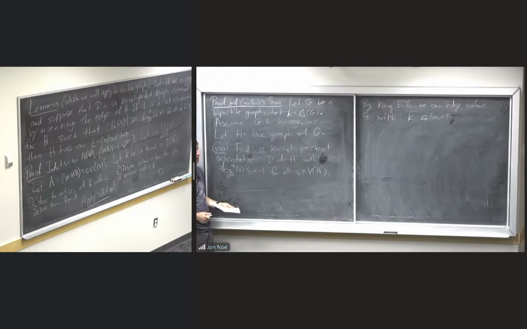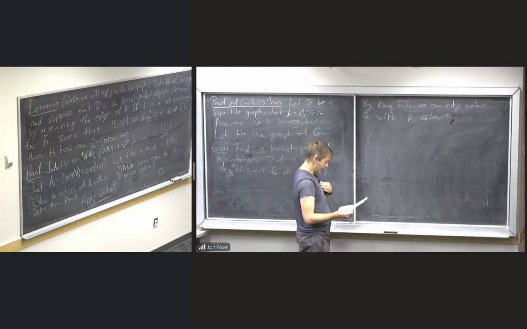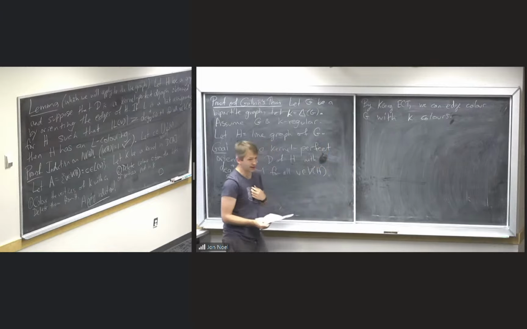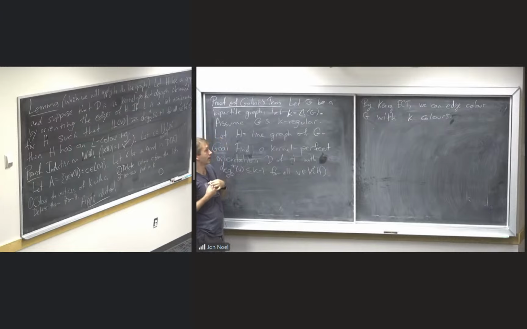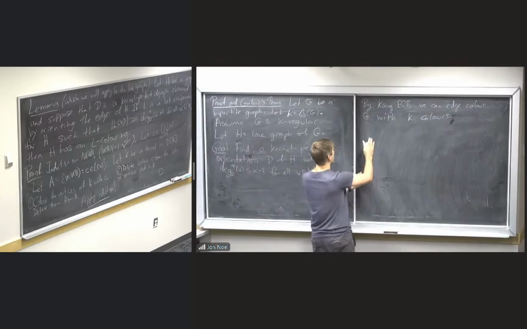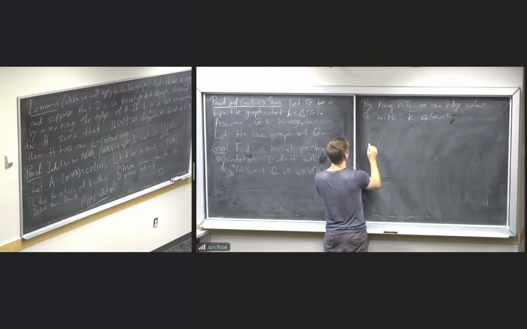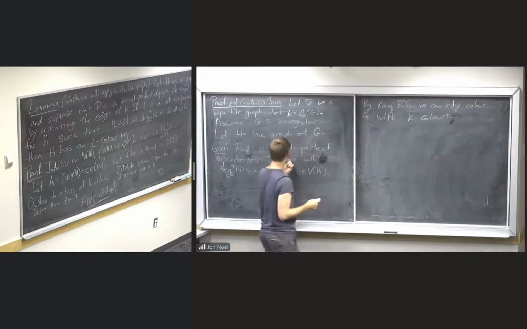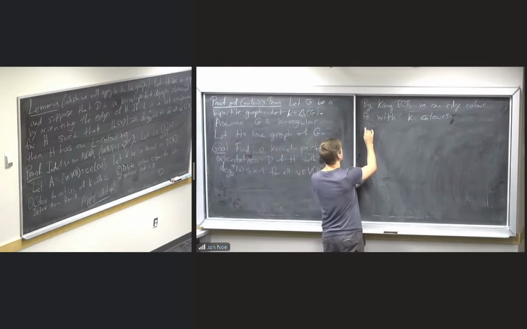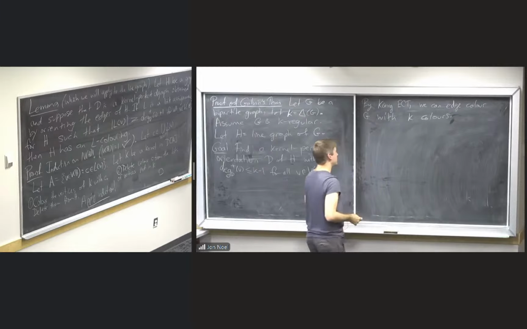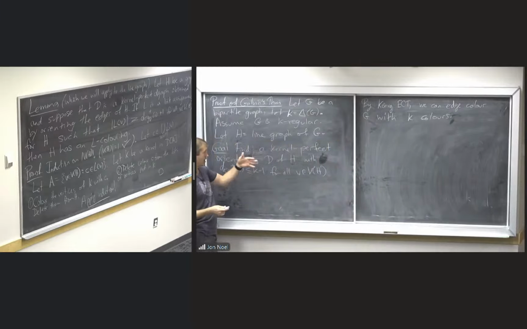Again, not clear at all why this would be a good idea. Why is this going to help? But now I'm going to actually tell you the kernel perfect orientation right now, and then we're going to have to prove that it is kernel perfect. So we orient the edges of H as follows. It's annoying because vertices of H are edges of G. So what are two adjacent vertices of H?